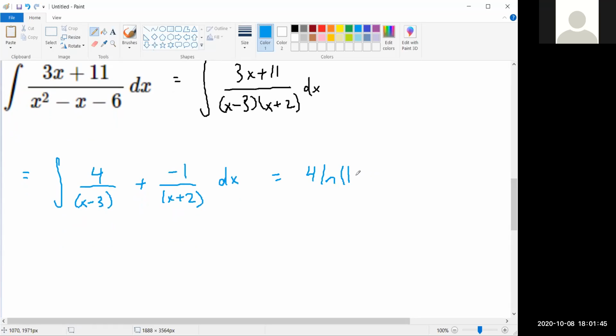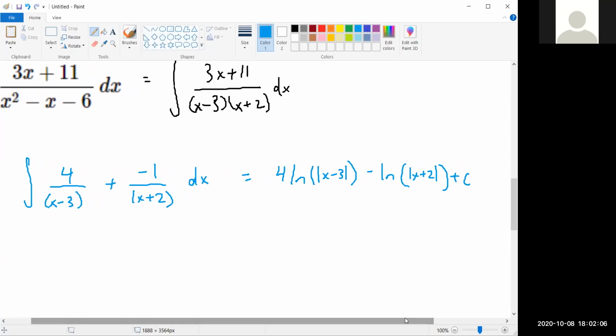So we can write x minus 3 in absolute value. And then the other one's -1, plus c. Okay, so that's how a typical partial fraction question looks.